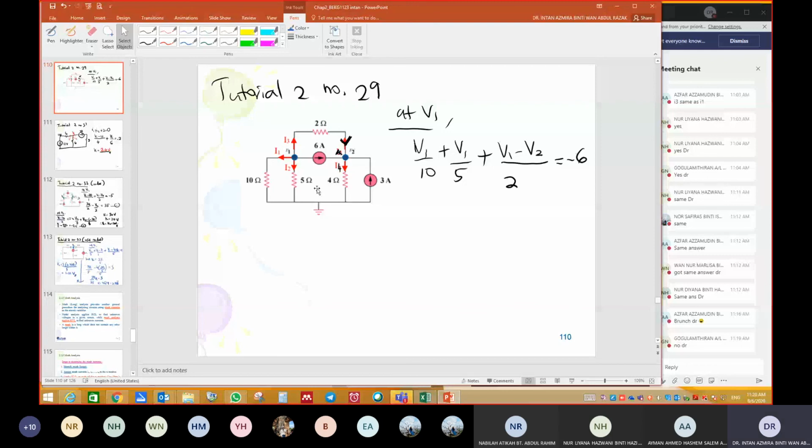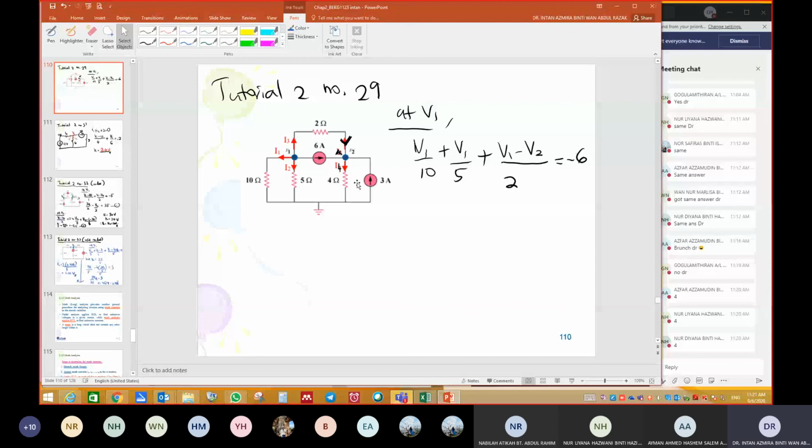You will have 4 equations to find 4 unknown currents. Or fortunately, in this loop you do not need to find the current here because we have 3 amps here, meaning that in this loop, let's say this is I4, so I4 is equal to minus 3, right? So it is easy to substitute minus 3 into the other loops.